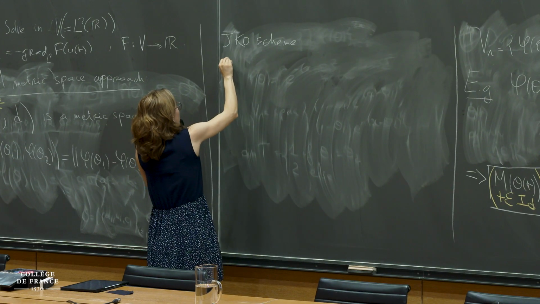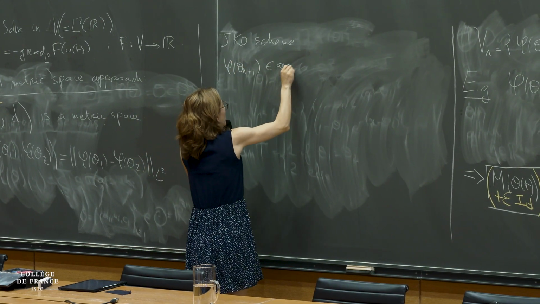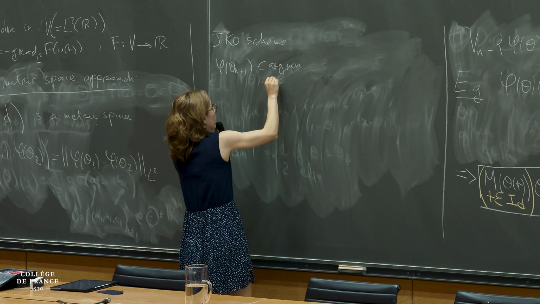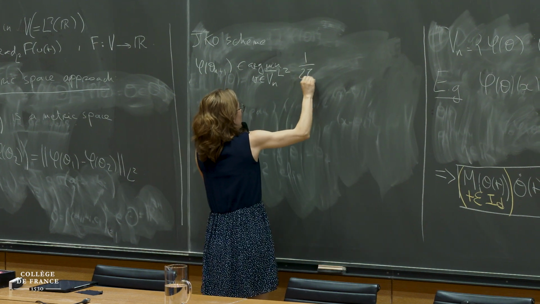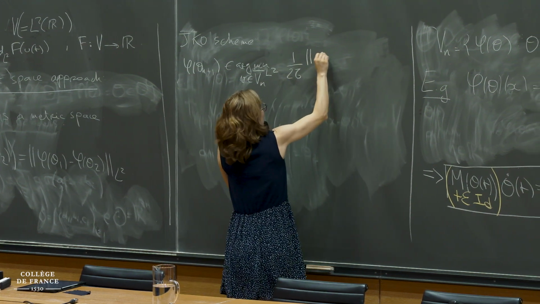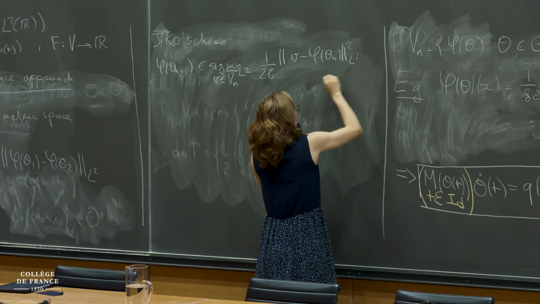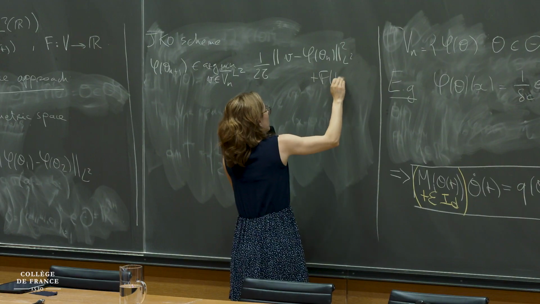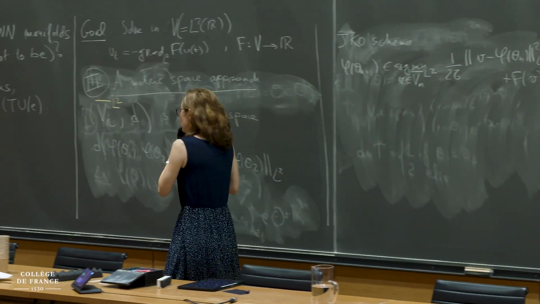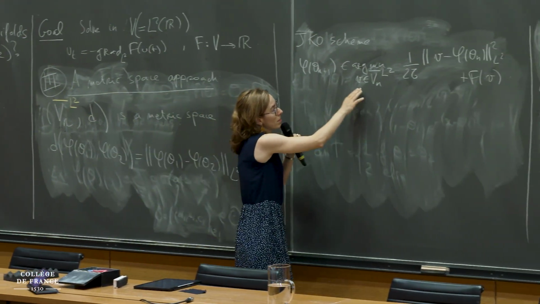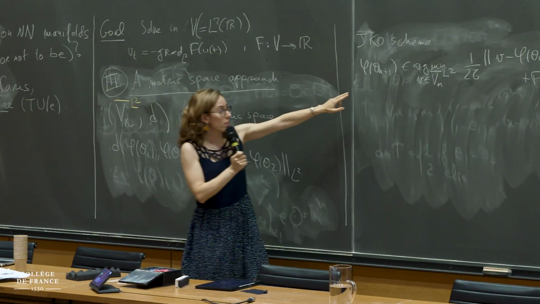which is defined as saying that phi at time n plus 1 is going to be in the arg min of V's in the closure of Vn, because otherwise I cannot derive my result, of the L2 norm of V minus phi theta n squared plus the energy F of V. If I manage to get the minimizer of this thing, I get the phi at the next time step.